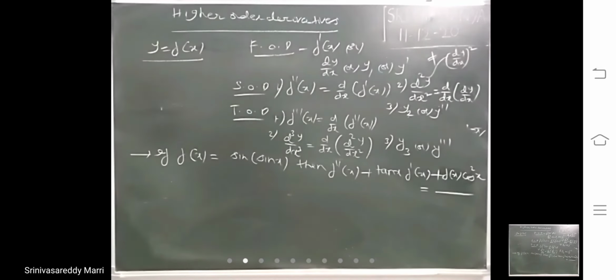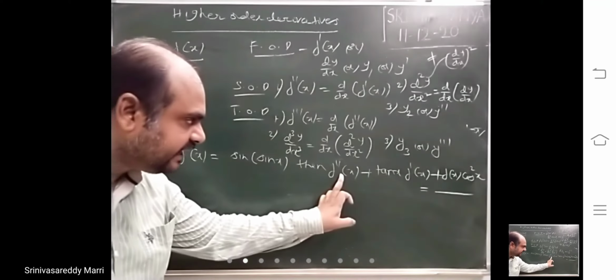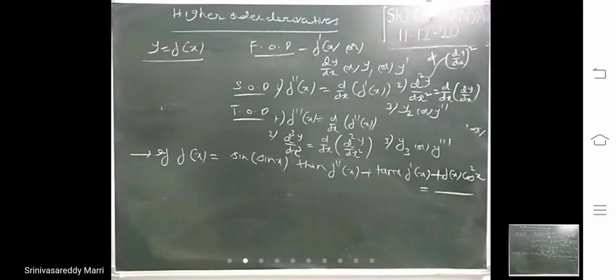Suppose take this one. Simple. This is the second derivative, this is the first derivative, and that is f of x.